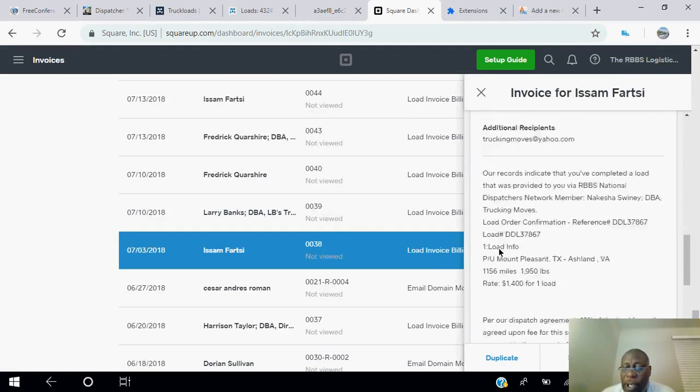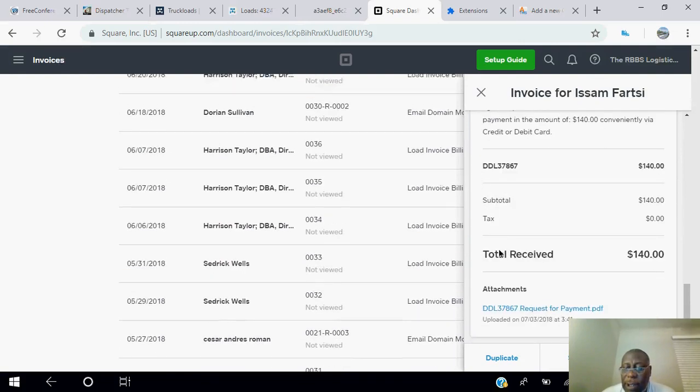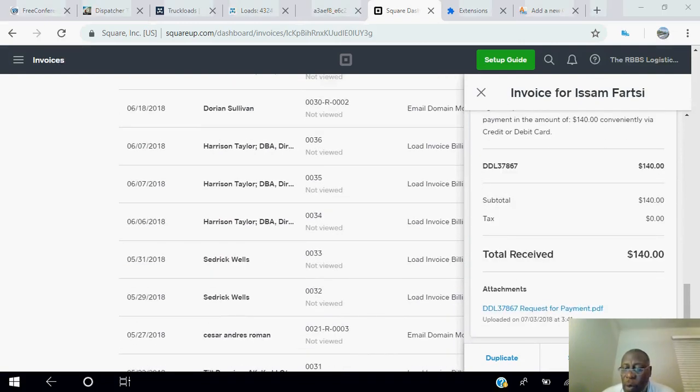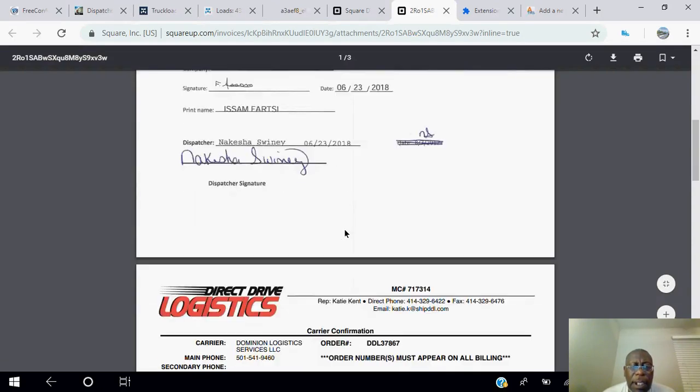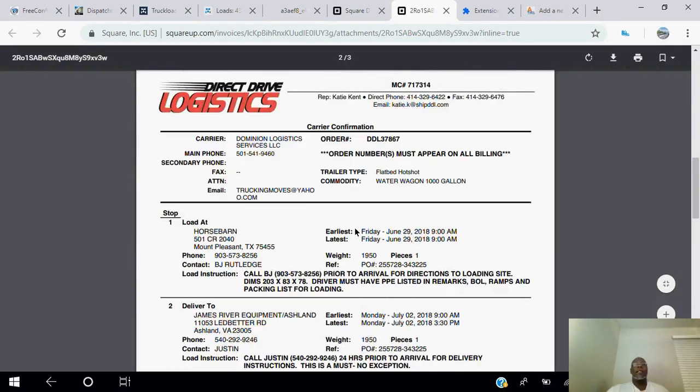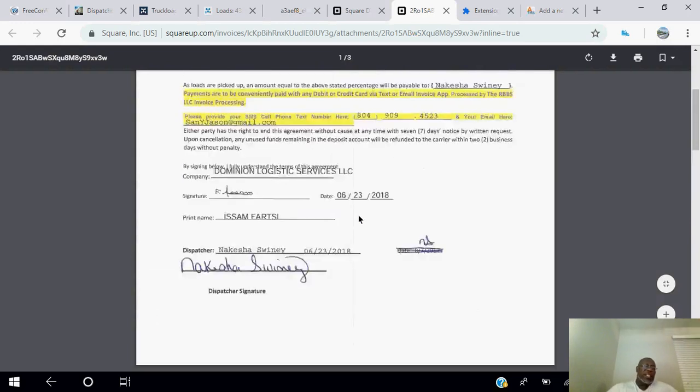All right, let's look at it. Now, this is what your confirmation rate sheet is going to look like. Because chances are, we normally attach things to it. Okay. Attachments is the right one. I think that's an attachment. That's the dispatch agreement, and here we go. All right.